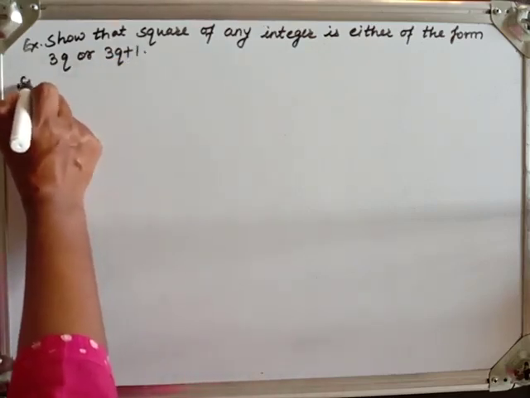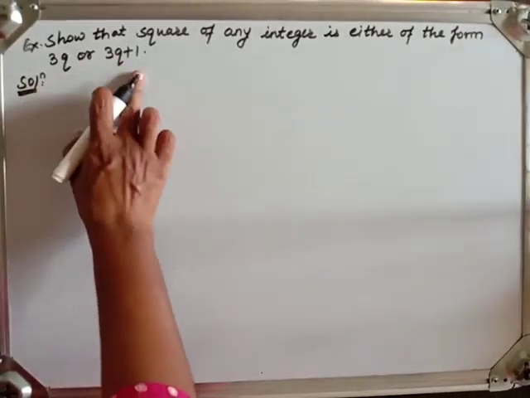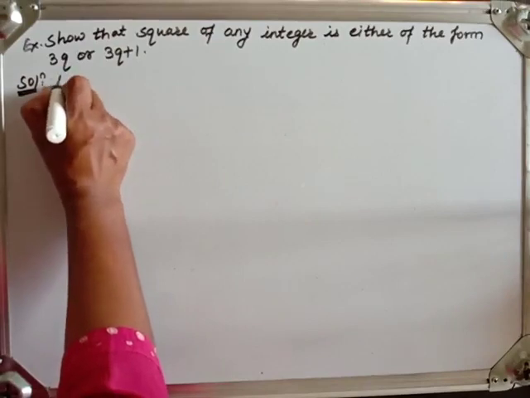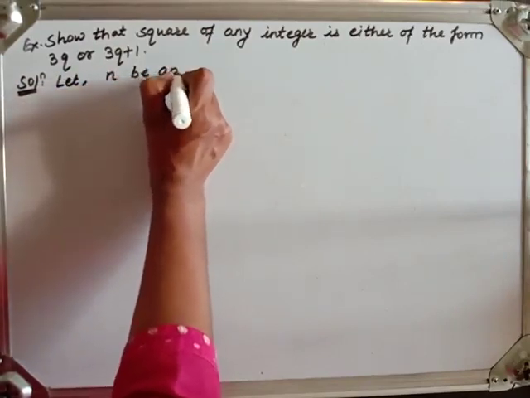So solution of this: square of any integer is of the form 3q or 3q plus 1. So now let n be any integer.